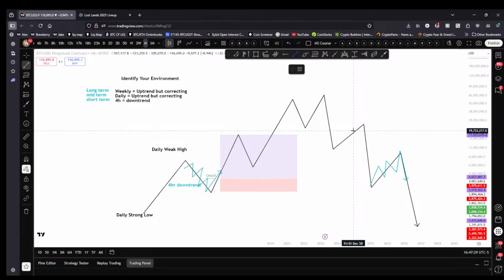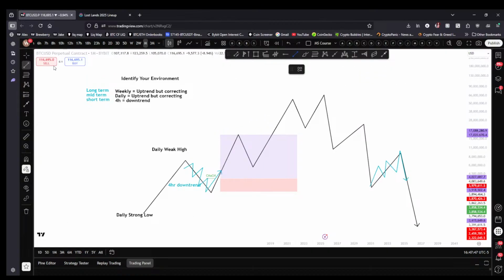Which is actually what we're going to move on to next. So you do still need that stuff for confluence, but to understand and to execute this stuff, you don't need it. There's a world where you use only this and you can be a profitable trader for sure.